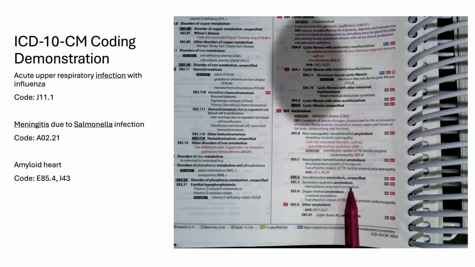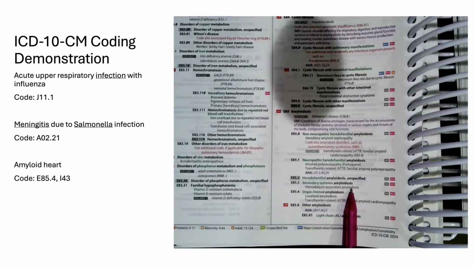So if I go over to the I43, because remember the index told us that we needed that. And this is another reason why you've got to start in the index, right? Always start in the index and then finish your coding in the tabular list. So I go E85.4, and now let me go look at the I43.